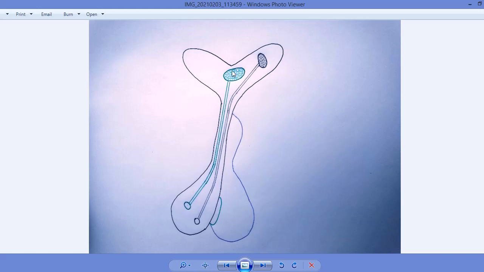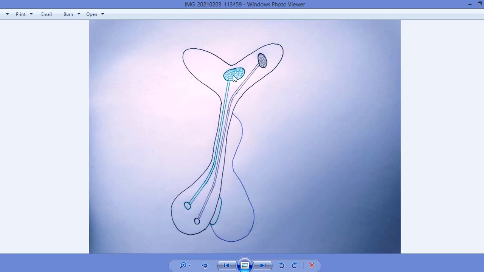This nucleus represents the paraventricular nucleus, and this nucleus represents the supraoptic nucleus. This is called the paraventricular nucleus because it is parallel with the third ventricle. It is adjacent to the third ventricle, and this is called the supraoptic nucleus because this nucleus is above the optic chiasma. Over here there is the optic chiasma, that is why this is called the supraoptic nucleus.